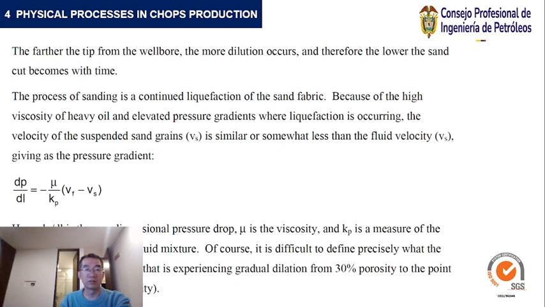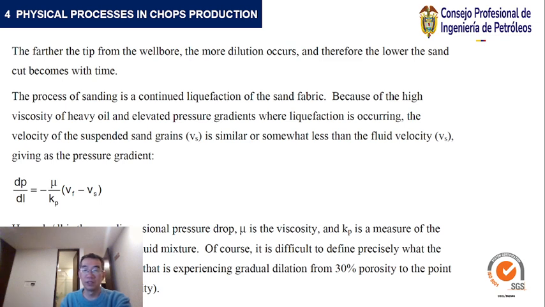Here is the one-dimensional pressure drop, where μ is the viscosity and Kp is the measure of permeability of the sand-fluid mixture.